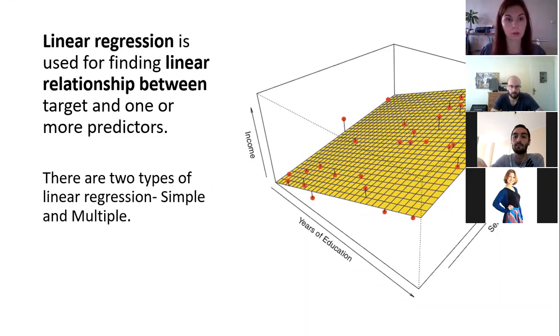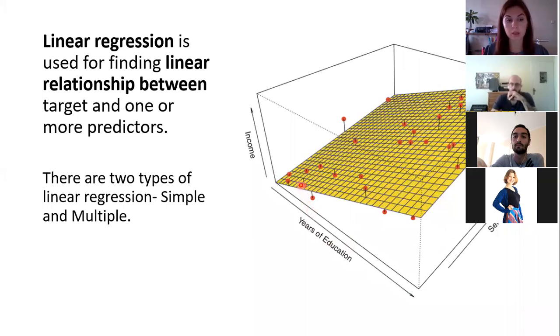We are using linear regression when we want to find a linear relationship between a target and one or more predictors. What is the target? In our case, it's income. In this example, we have a 3D plot with years of education and seniority, and we are trying to predict income using these two parameters.